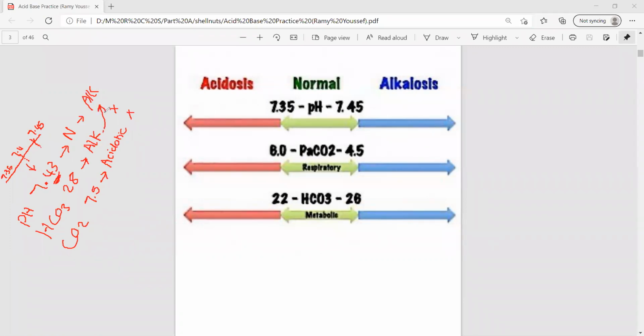So it is an alkalotic problem compensated by acidosis. So this is fully compensated. Someone answer me. Metabolic alkalosis.